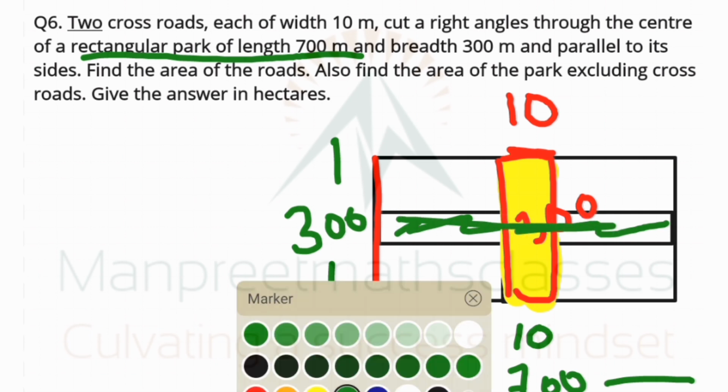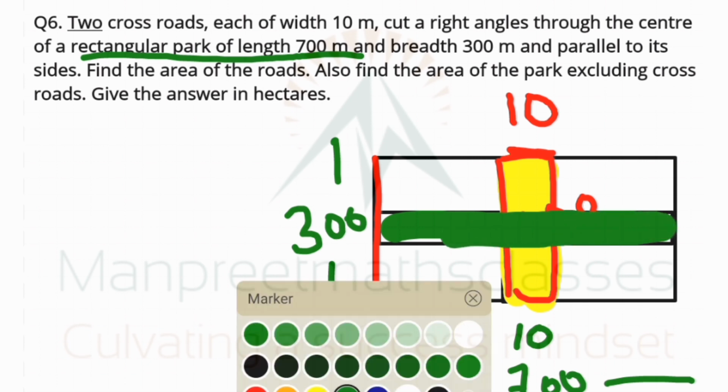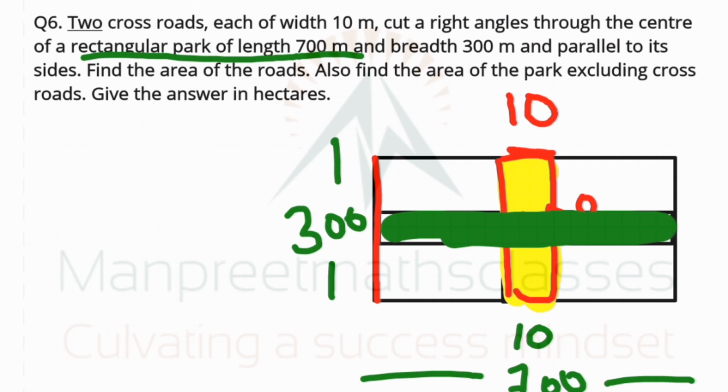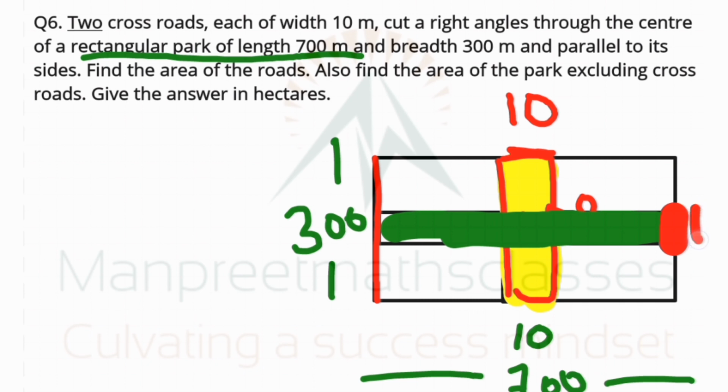When you calculate the area of the second road, here also we'll do the same thing. How? They have said that the width is 10 meters, so this one side is 10, and this one length will be equal to this one side, so this is 700.